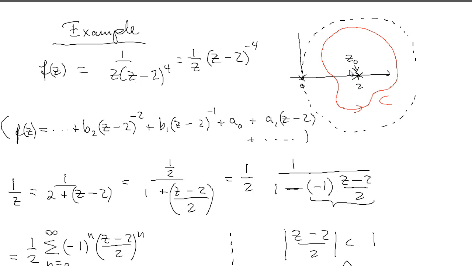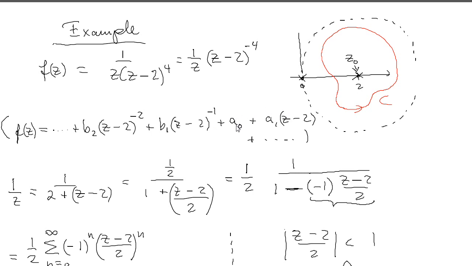So let's try to find the residue at the point z0 equal to 2. In order to do this, we have to find the Laurent series around 2. And we know that this Laurent series looks like this.